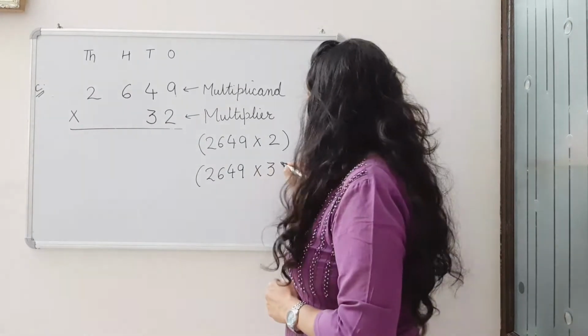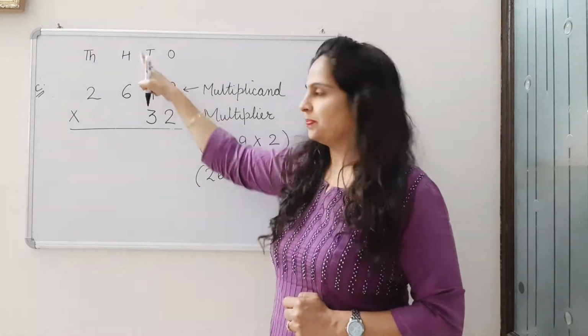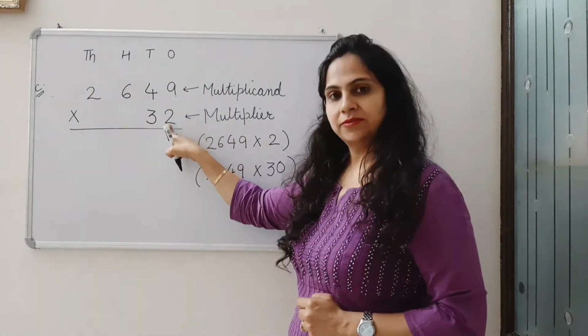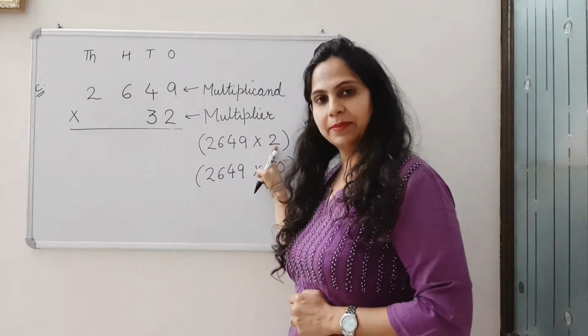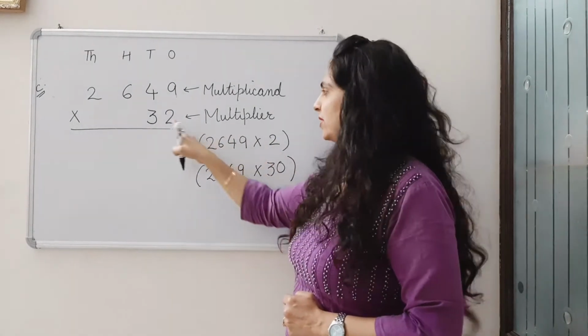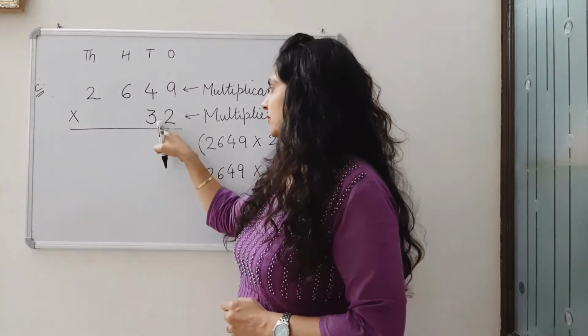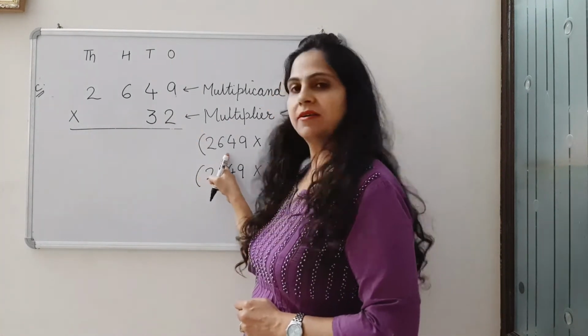No, it's 30. Why 30? Because 3 is at the 10's place. We have already multiplied by 2 here, so we will multiply by 30 in this step. Clear?